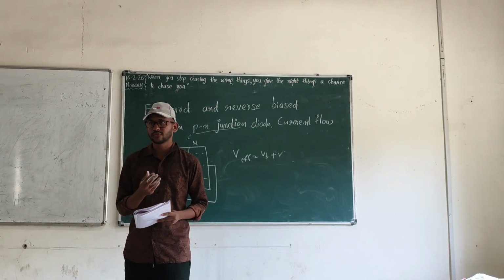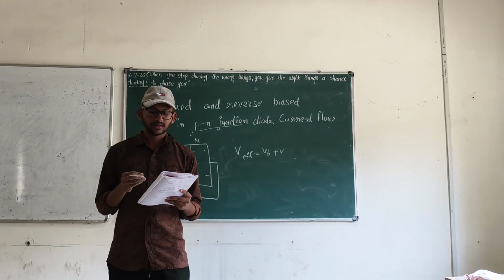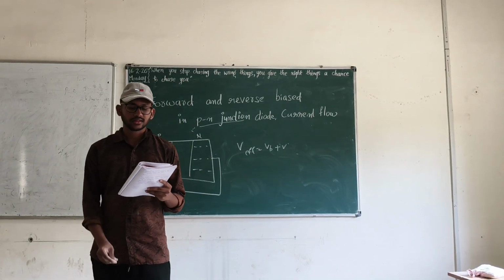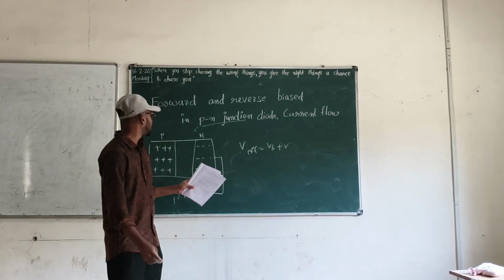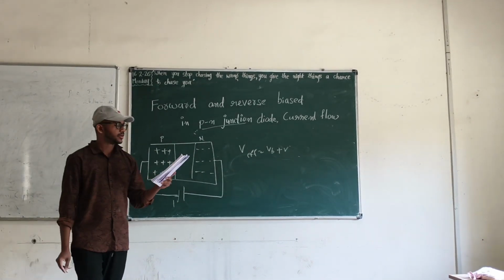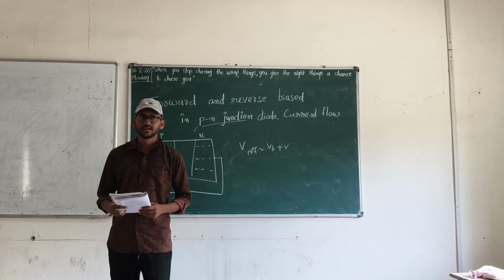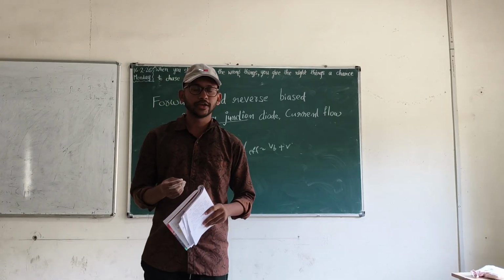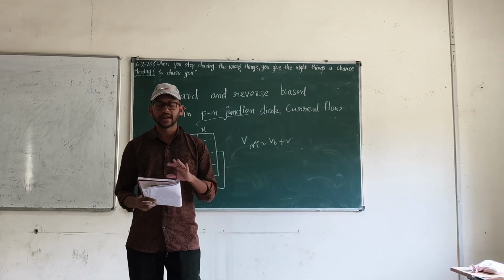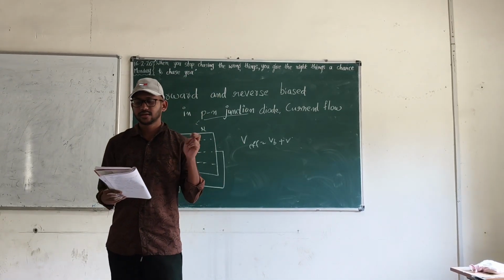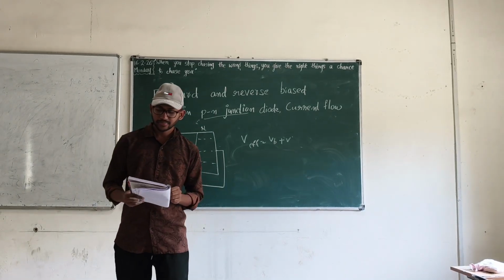This unique property of forward and reverse bias in a PN junction acts as a fundamental component in electronics. LEDs are a great example we can use in forward bias. Light emitting diodes emit light when connected in forward bias, and this property is also used in rectifiers, which convert AC current into DC current.